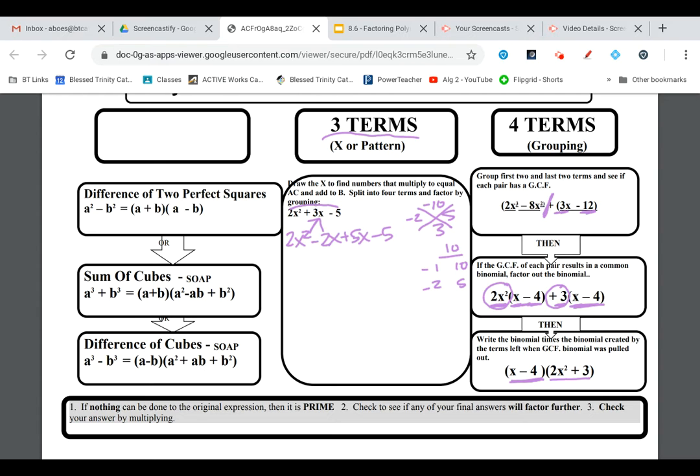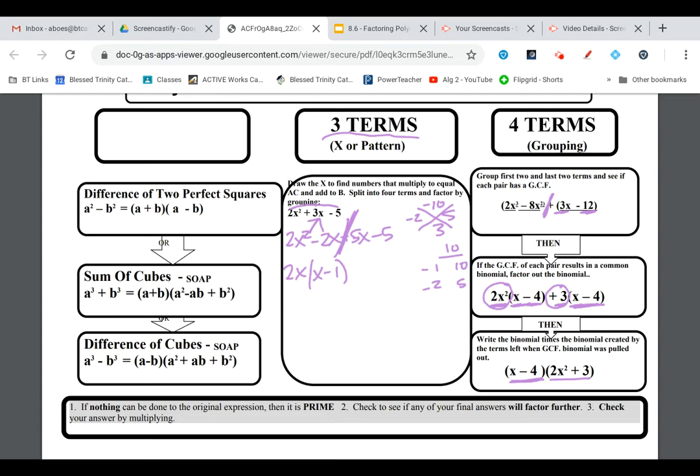Okay, and then I can split my groups and find the GCF of each group. So what can go into 2x squared minus 2x? Well, 2x can factor out, and that would leave me with x minus 1. And then what can come out of 5x and minus 5?